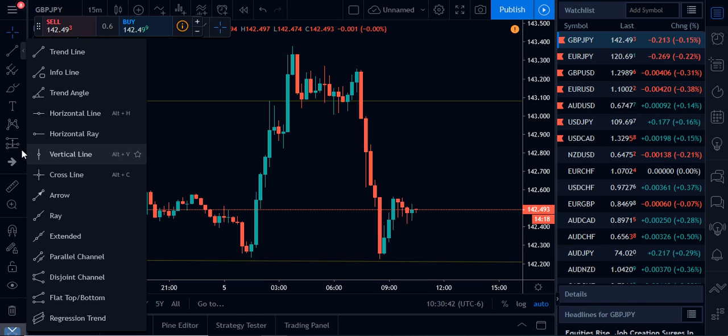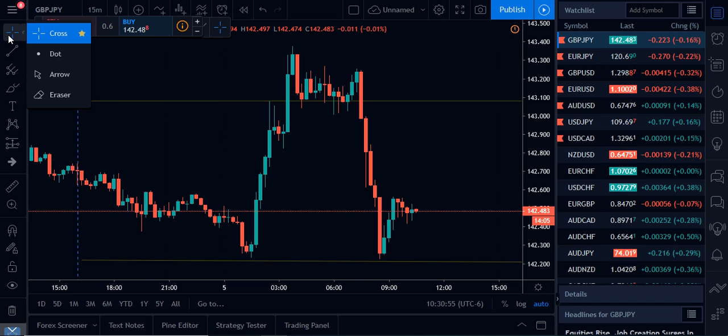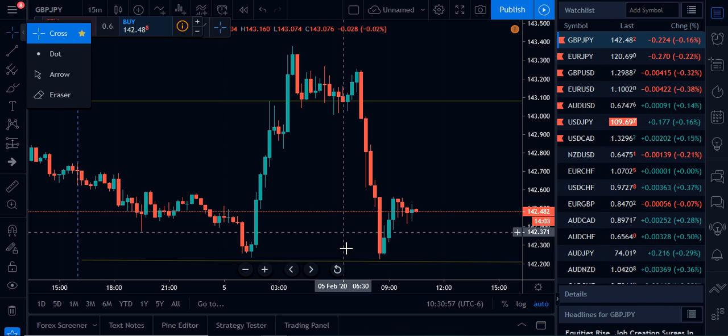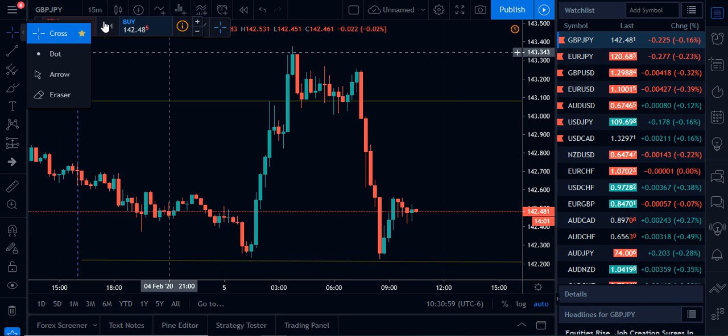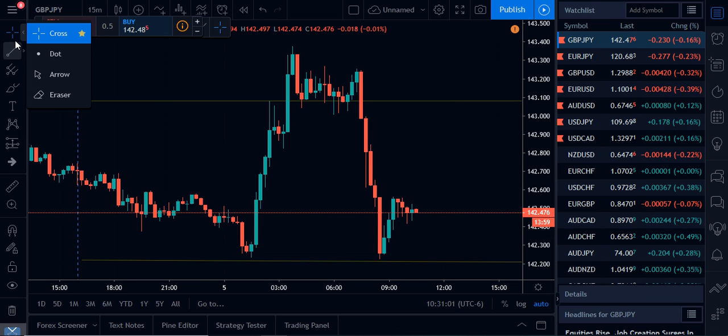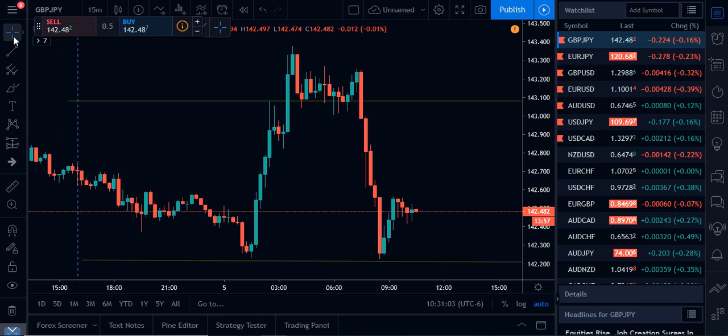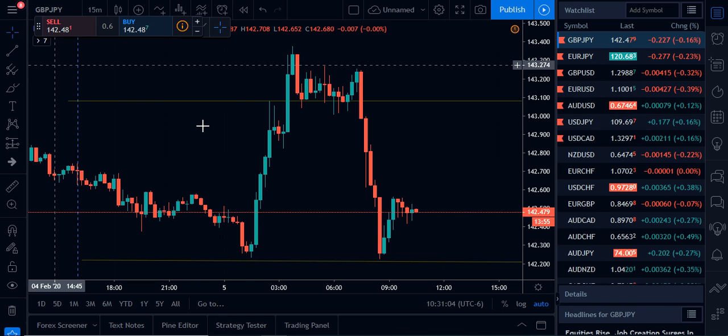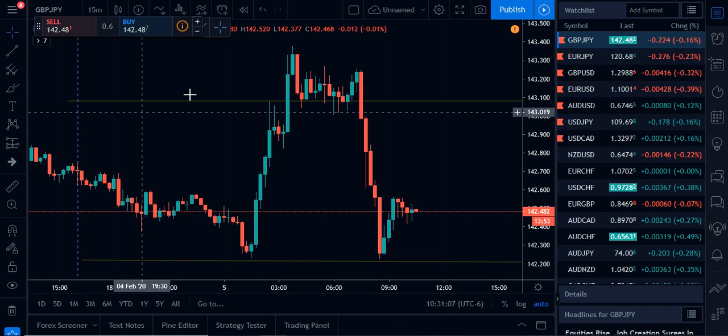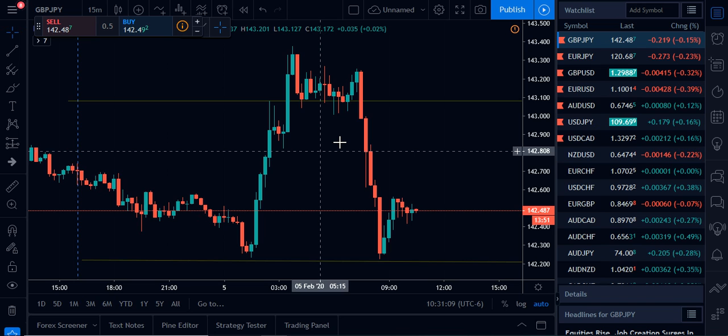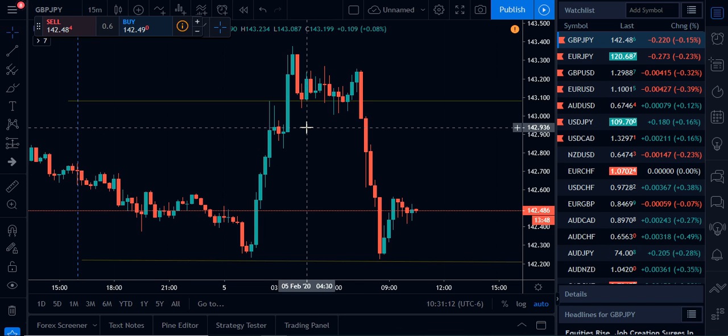But we only base ourselves on one session, which is the main consolidation session, the Asian session. So those lines are played with this here. And this actually allows you to just navigate the mouse. So now we're going to get in.